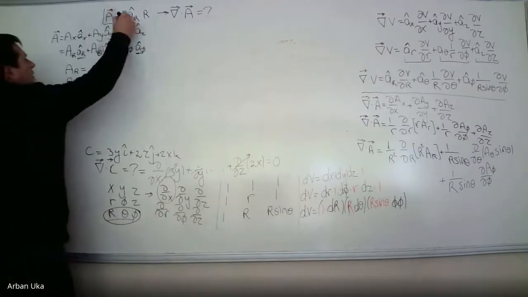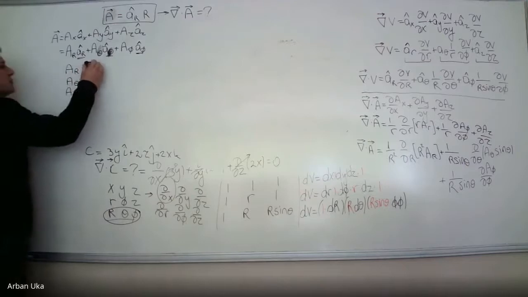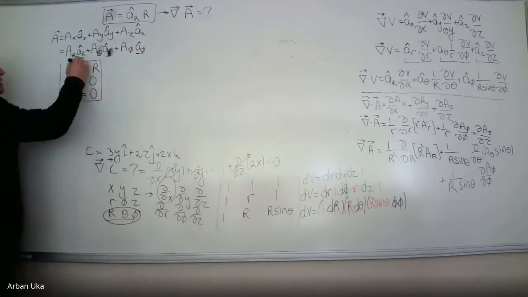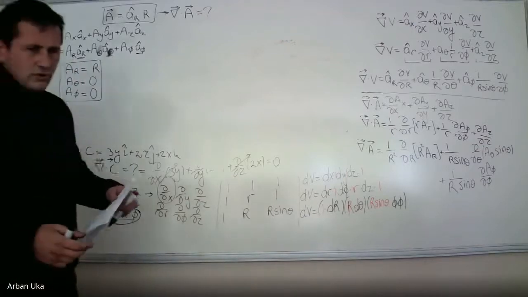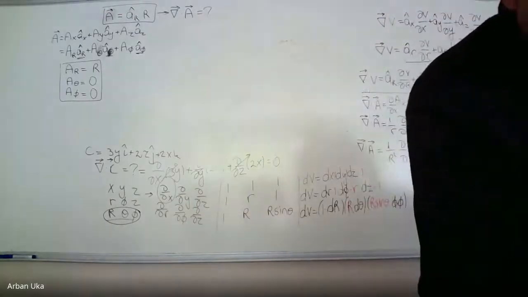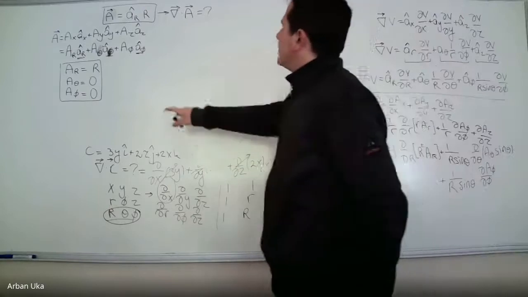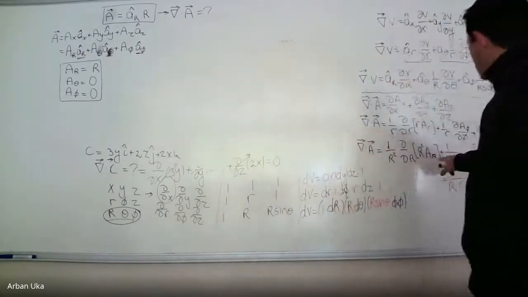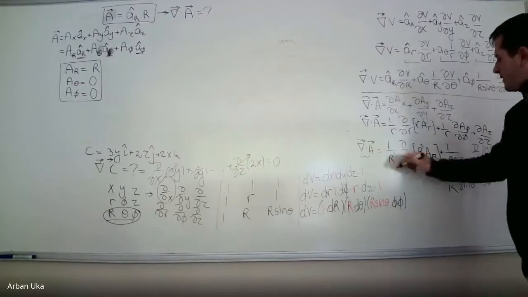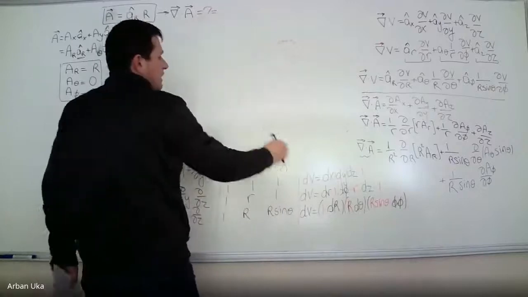For this example, we see that A_r is simply r, A_theta is 0, and A_phi is 0. So all we need to do here is to include these three values into these equations, in this one, because this is the divergence. So then let's continue here, let's try to write the same expression as in here.